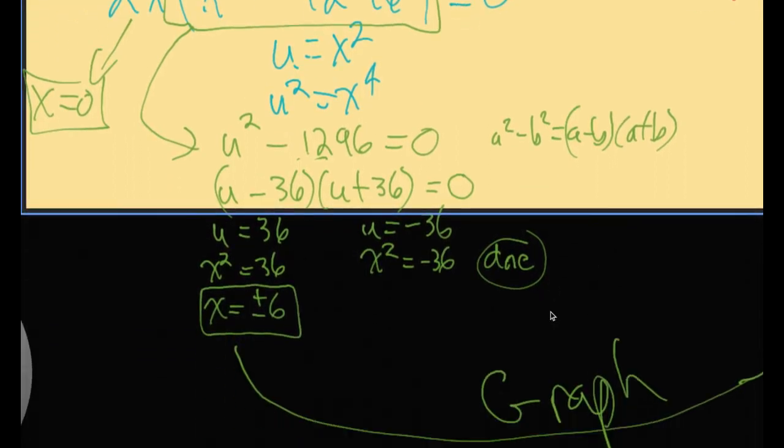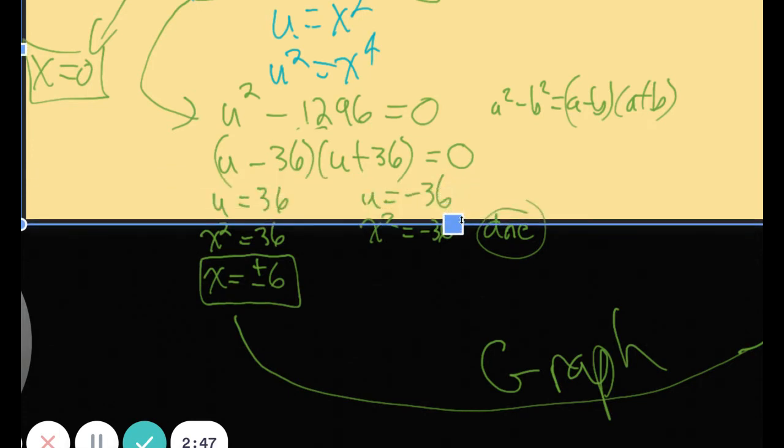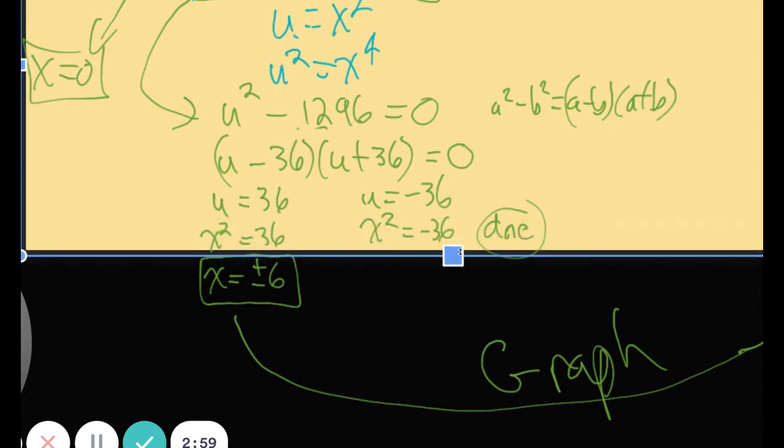Well, what do I need to do if I'm solving? Well, I know that in the first bracket, u minus 36, u is going to equal 36. If I set that factor or bracket equals 0, u plus 36, u is going to equal negative 36. Now replace u with what it originally was, which was x squared. So here I have x squared equals 36, which gives me plus and minus 6.